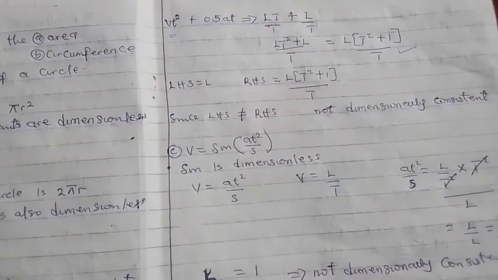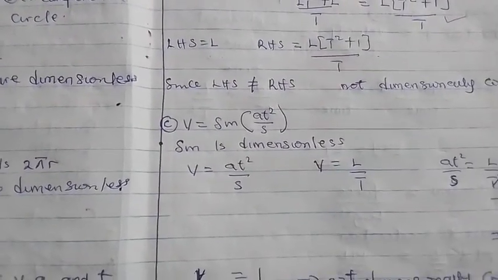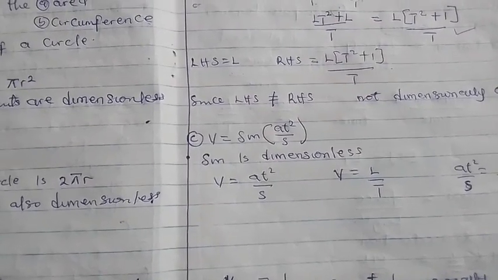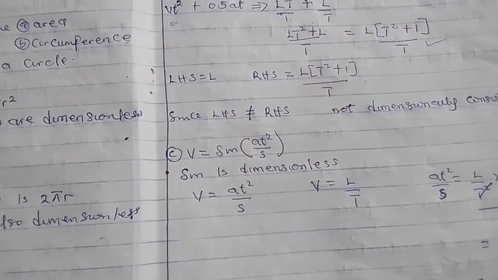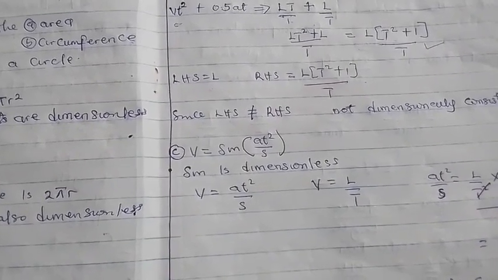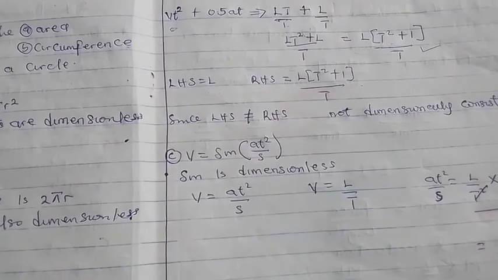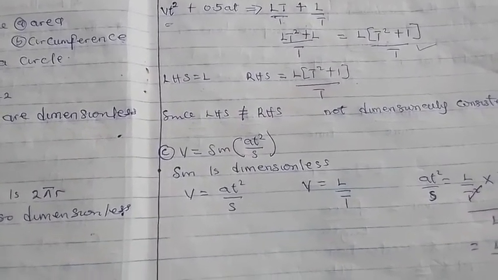And number 3, V equals sine of at square over S. Sine is dimensionless, so you are left with V equals at square over S, and V is L over T. That's the dimension of V, that's the left hand side.